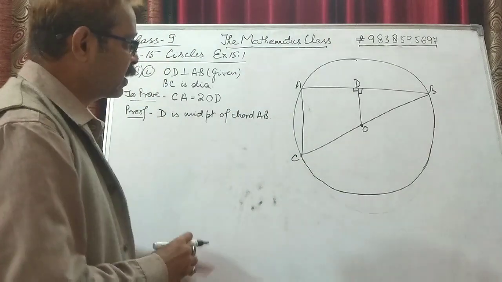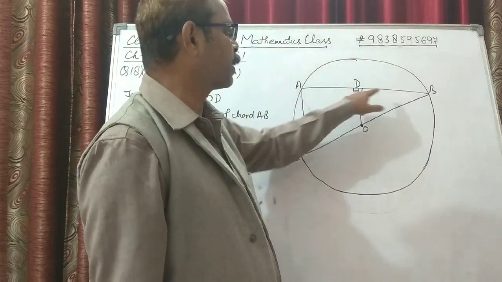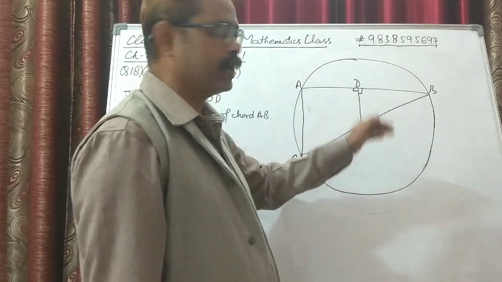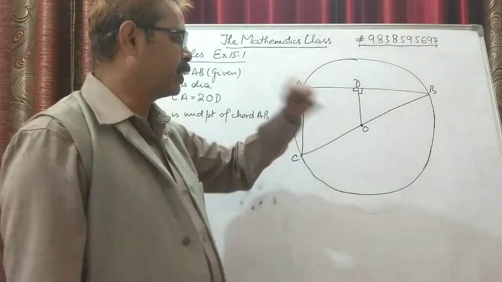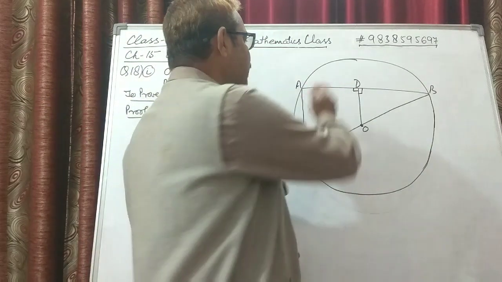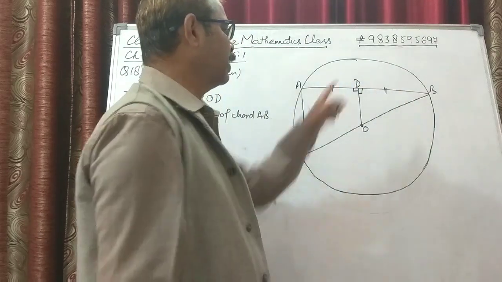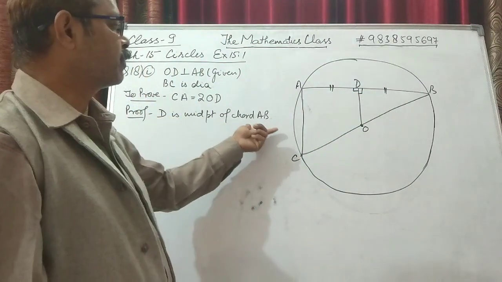Why? Because from O it is a line which is perpendicular to the chord AB. We have learnt according to the theorem that a line perpendicular from the center on the chord bisects the chord. It means AD and DB are equal. If they are equal, it means D is the midpoint of AB.